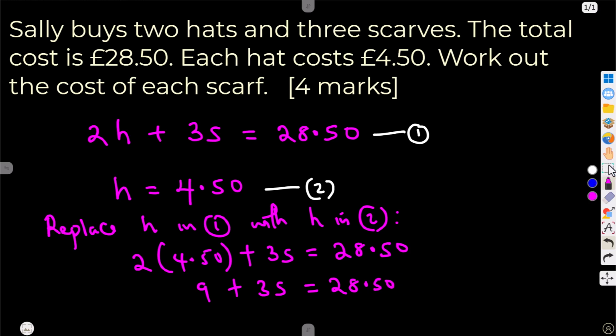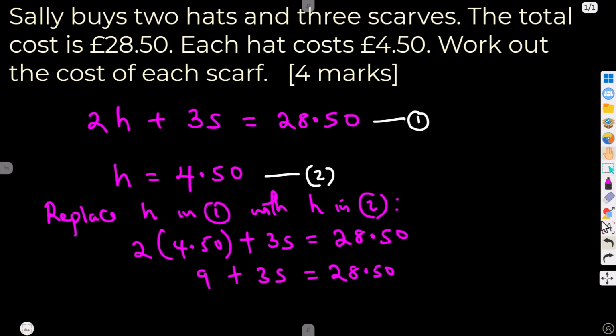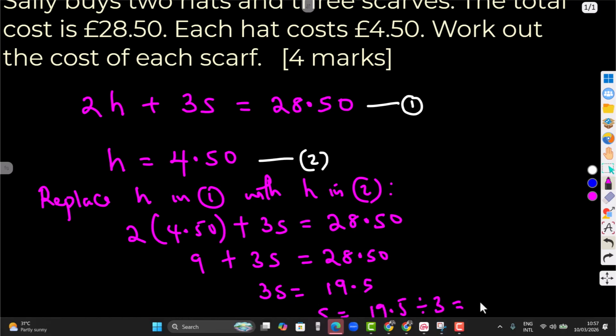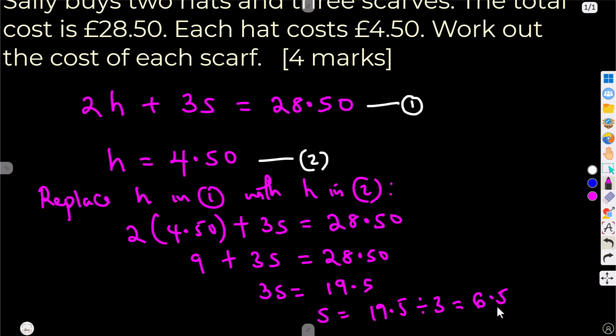And if you simplify this, £28.50 take away 9, you'll get £19.50. If you continue, you'll get x as 19.5 divided by 3, which is 6.5.